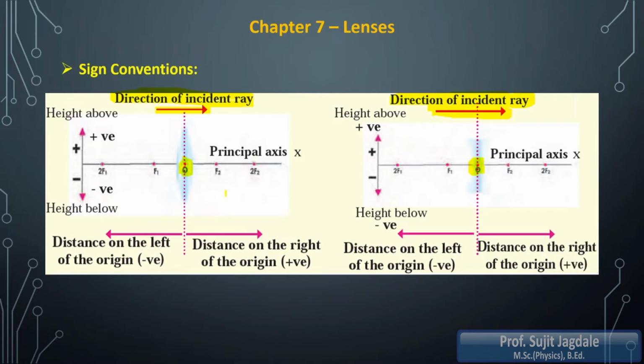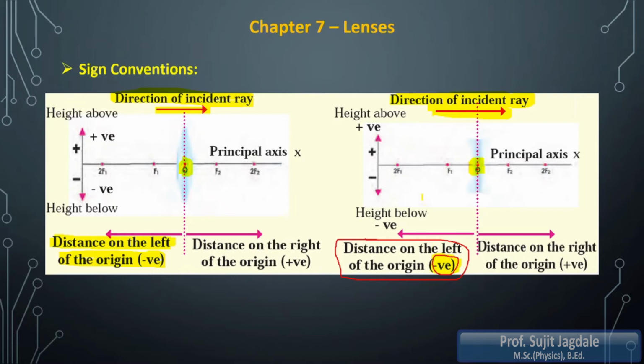Then whatever distance I measure on the left hand side of the origin, that means of the optical center, such distances are taken as negative. So distances measured on the left hand side of the origin are considered negative, whether I am measuring for a convex lens or a concave lens. So this is the first sign convention regarding the distances.